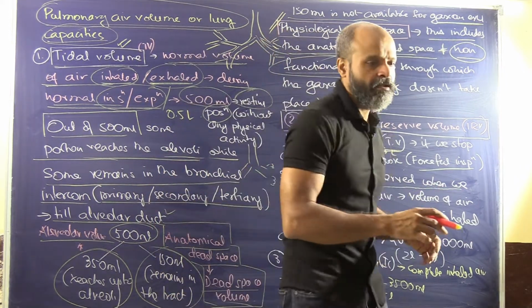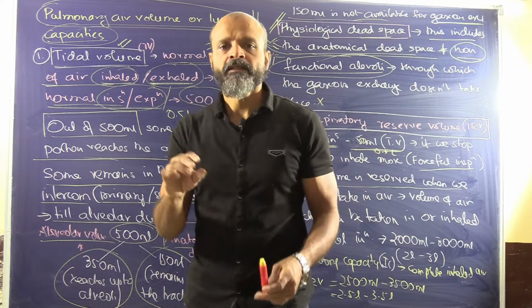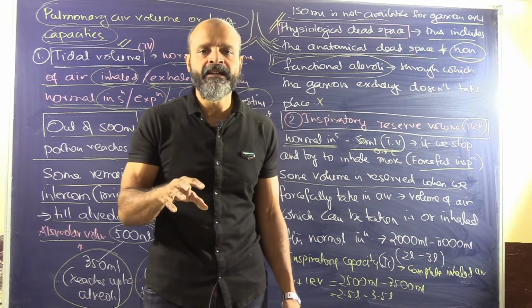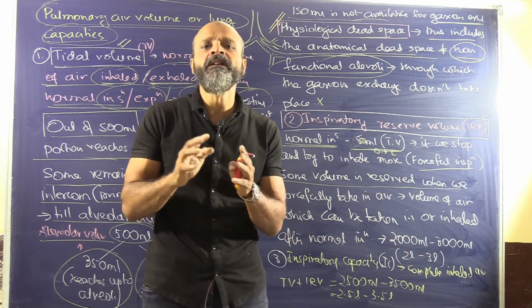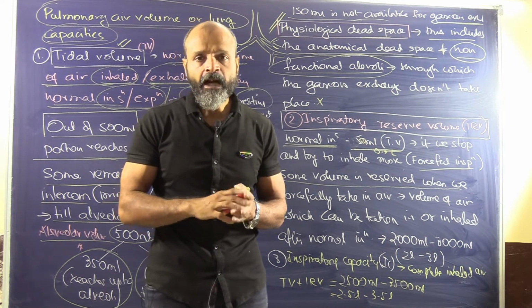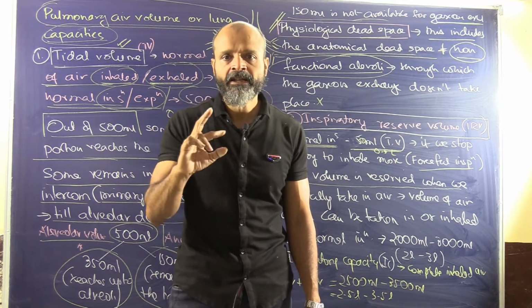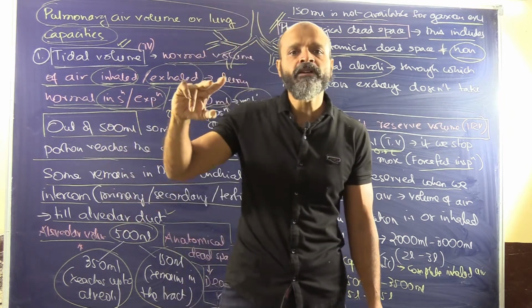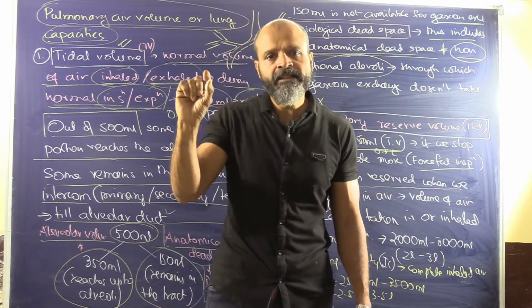See, it's like a balloon. The balloon has a capacity to hold air inside it, and there is a stretchable limit to which the balloon can accommodate more air. After that it will explode. So between what the balloon actually holds and what it is forced to hold, there is a certain volume.